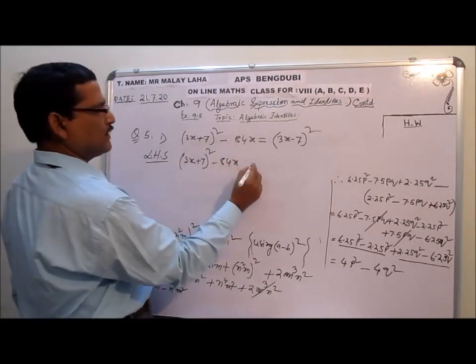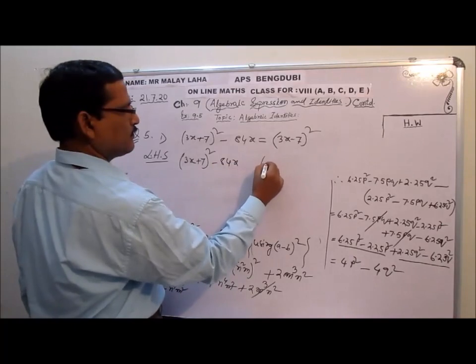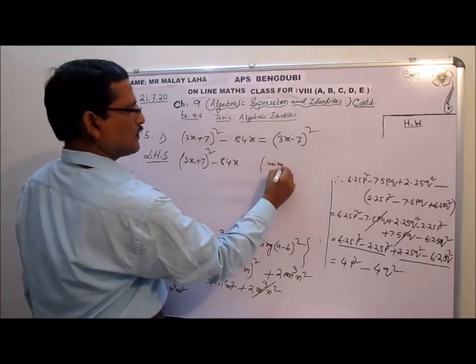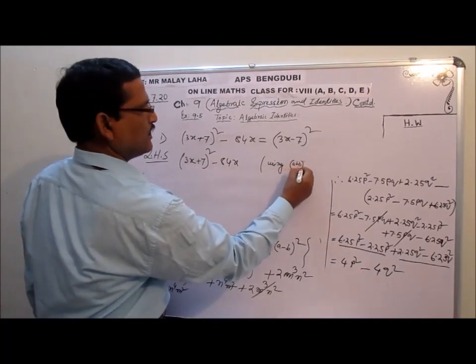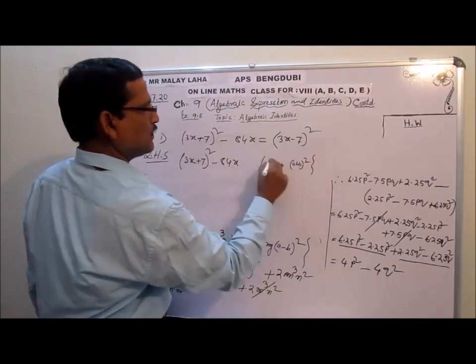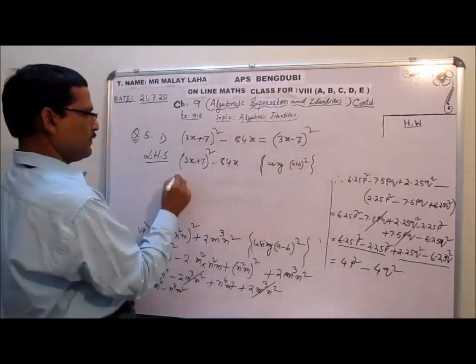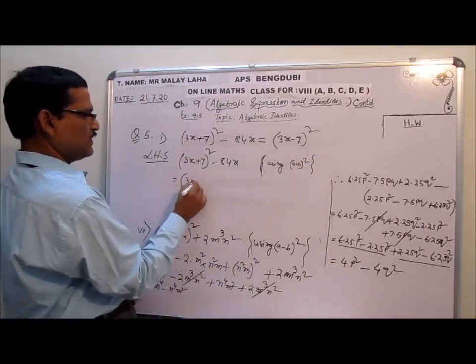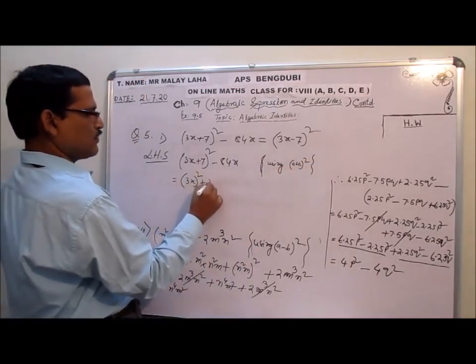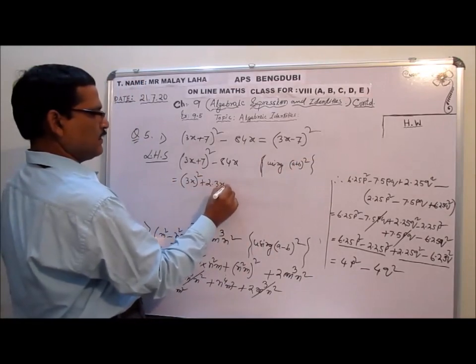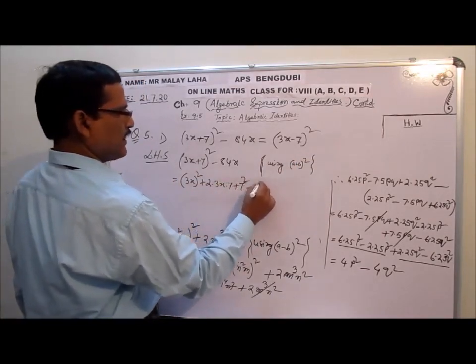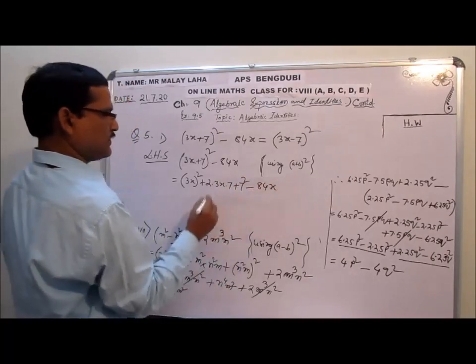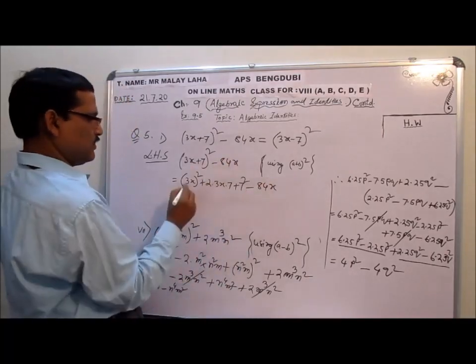Forget about this part, using (a plus b) whole square, it will be a square, meaning (3x) square, plus twice a, meaning 3x, into b, meaning 7, plus b square, meaning 7 square, minus 84x. Only this part you have to write down.